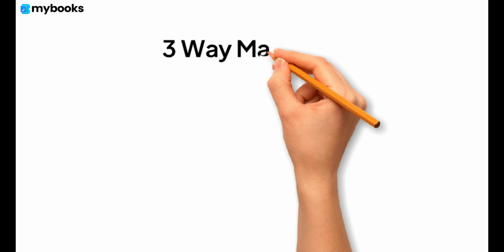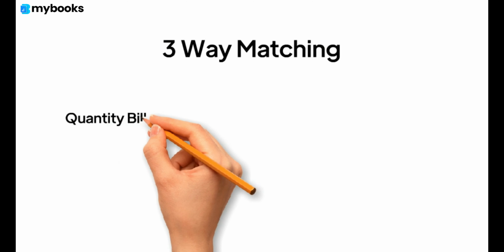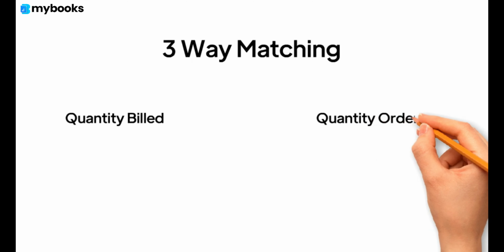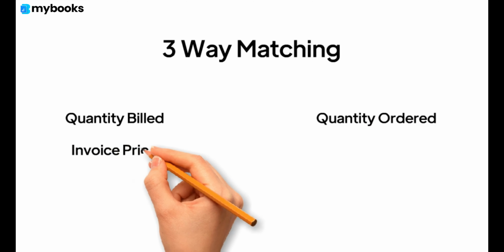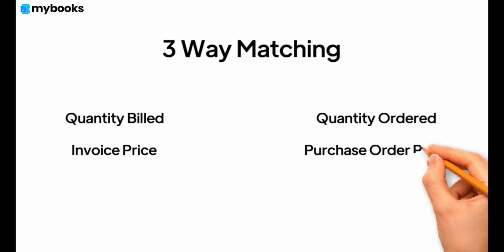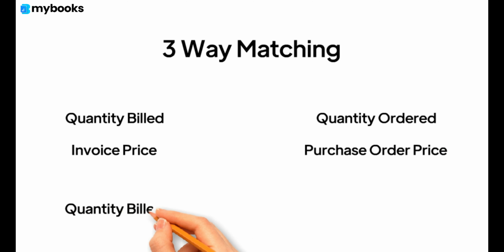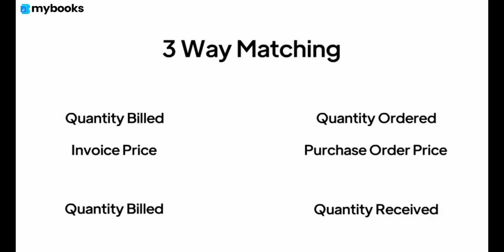Let's consider the second case where the company has selected the three-way matching process. In this case, we will compare quantity billed with the quantity ordered, invoice price with the purchase order price, and the quantity billed with the quantity received. Now you can realize that the first two are exactly similar to two-way matching. They are not changing.